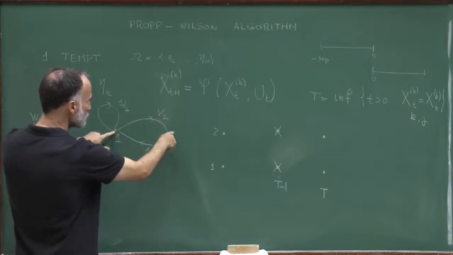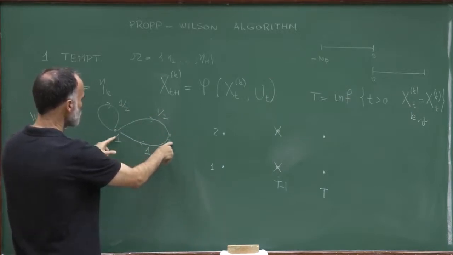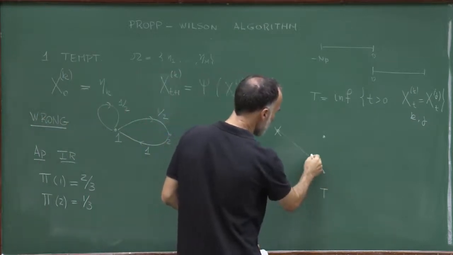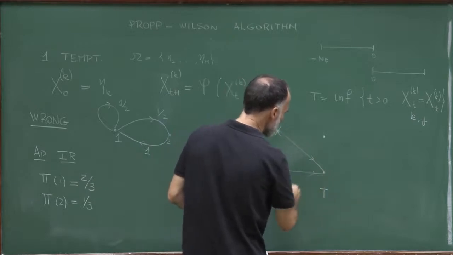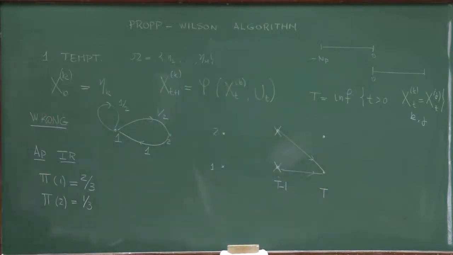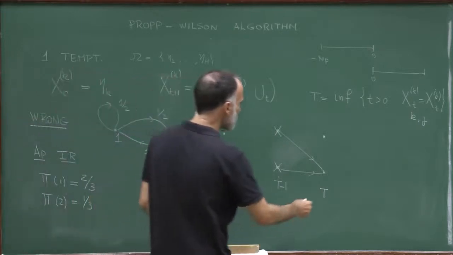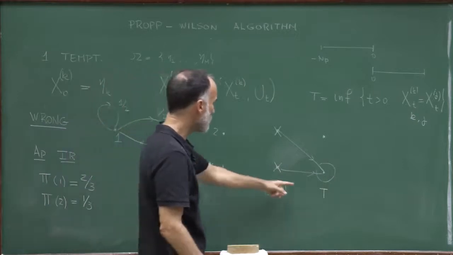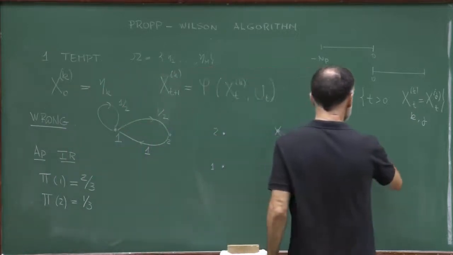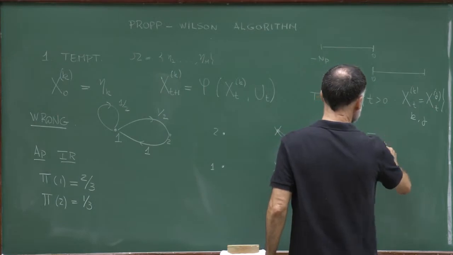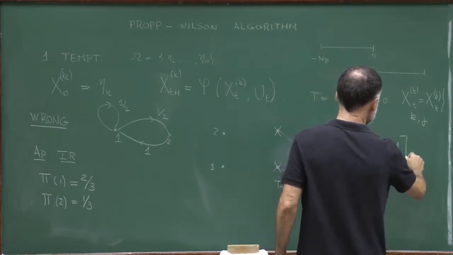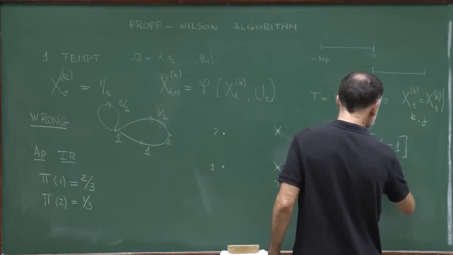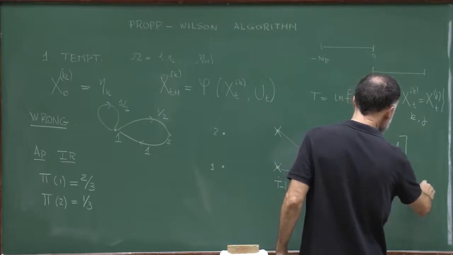Because if 1 jumped to 2, since the probability that you jump from 2 to 1 is 1, this means that the one which was at 2 necessarily jumped to 1. And since they met, this means that the one which was at 1 also jumped to 1. And therefore, when they meet, both processes are at configuration 1, which means that the probability that y, the output, is equal to 1 is 1.